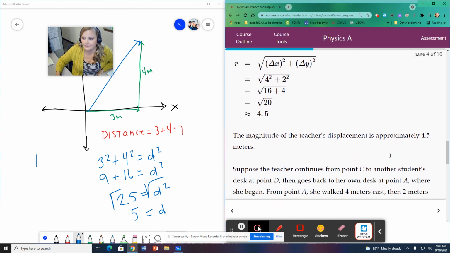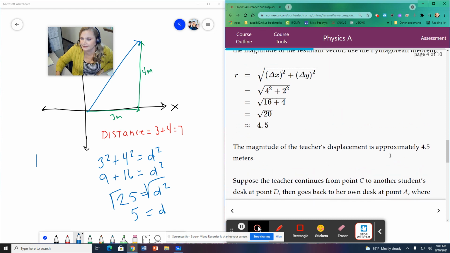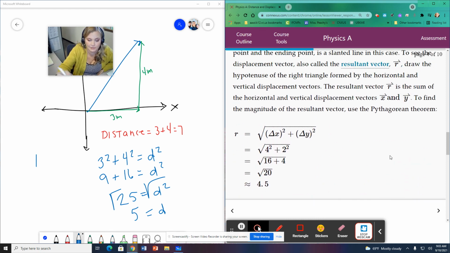So I'm just saying what they're doing here. You would be able to figure out the direction here. You need this angle here to figure out the direction. And you can do this using SOHCAHTOA. They're not actually getting into this yet, so I'm just wondering if I should even go this far.